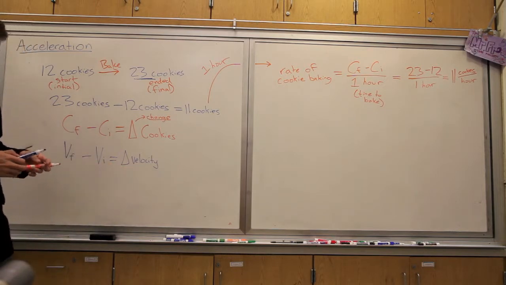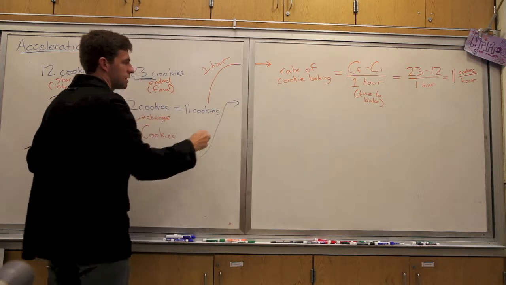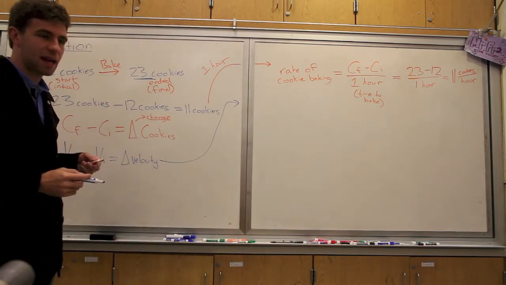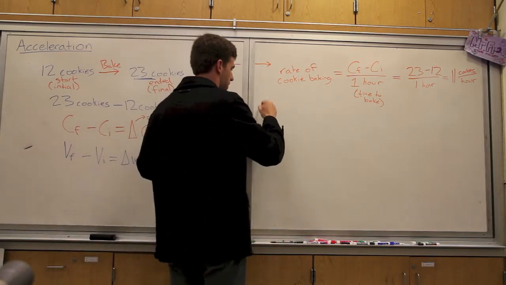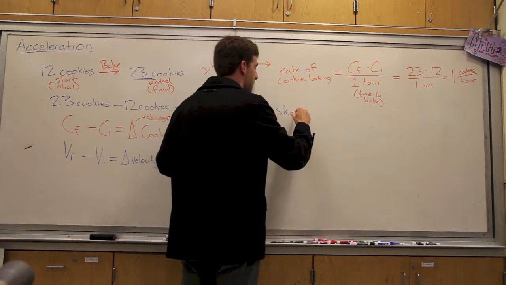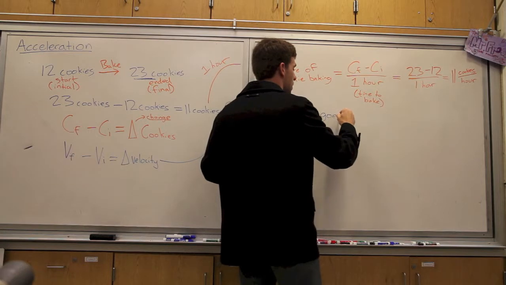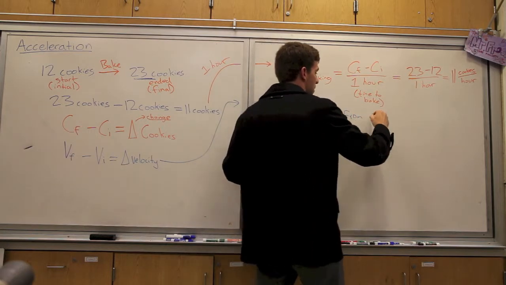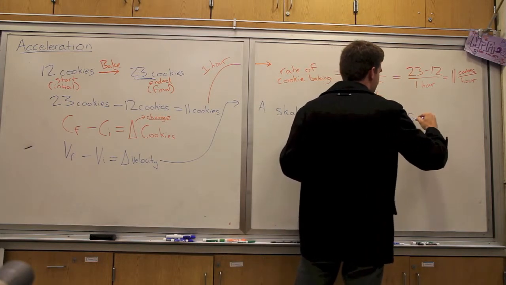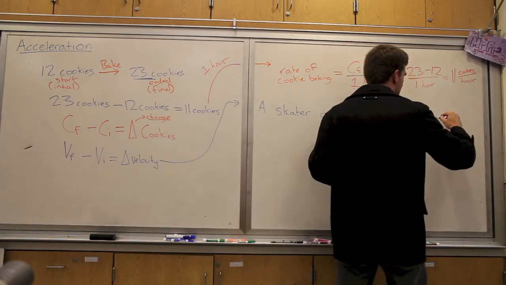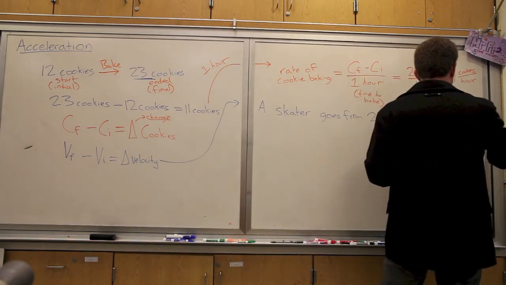Now let's talk about change of velocity over time. That's what acceleration is. So let's bring that right over here. Let's say an object such as a skateboarder, say a skater, goes from 2 meters per second to 5 meters per second in, let's say, 1.5 seconds.